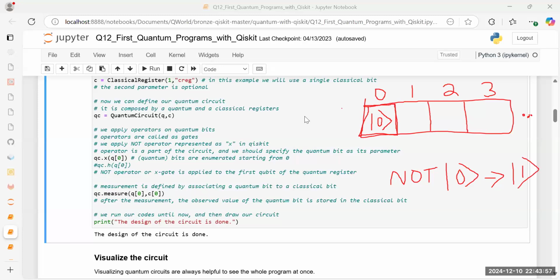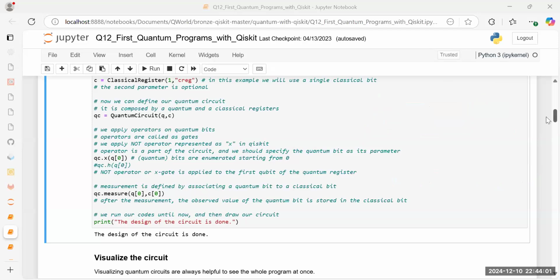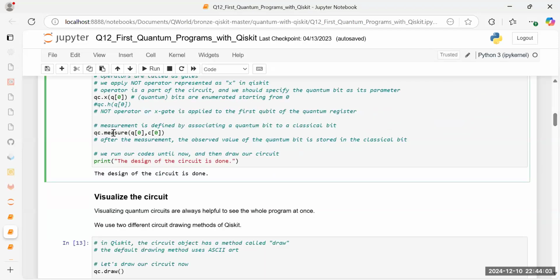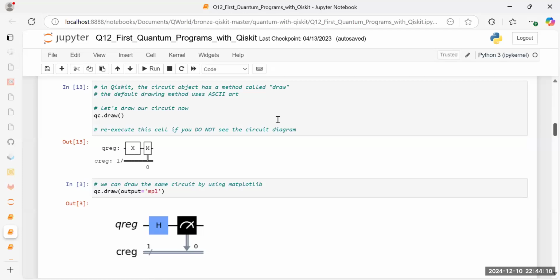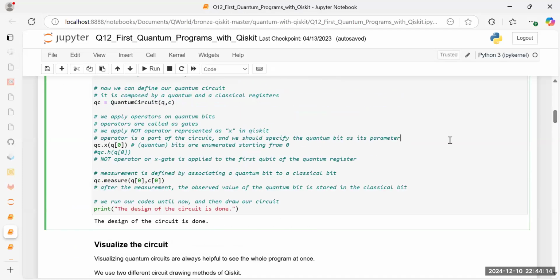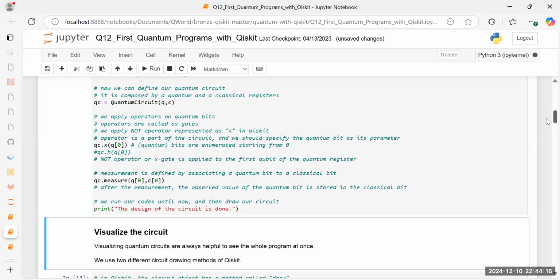We can actually test this out. We have measure here. We utilize measure to actually read the values we've stored in our qubits. So let me run this.